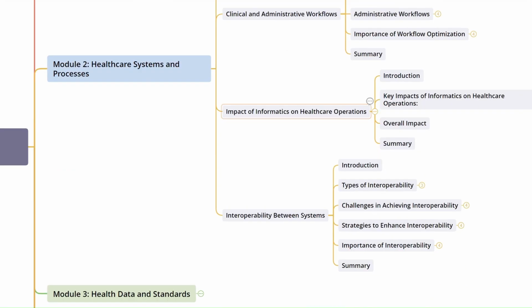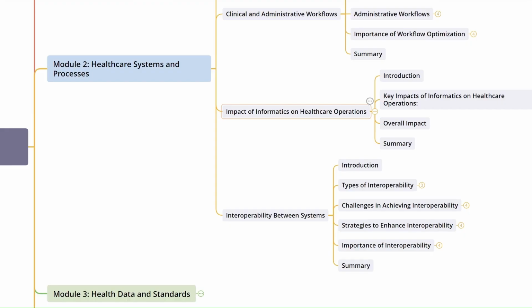Next, impact of informatics on healthcare operations. Informatics is a transformative force in healthcare operations. This section examines how informatics facilitates improved diagnostics, accuracy, enhancing patient safety, and supports management decision making processes.